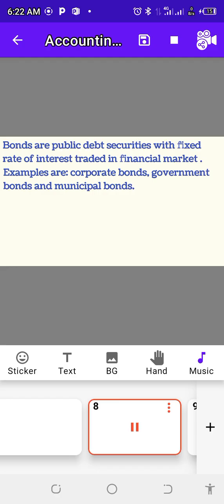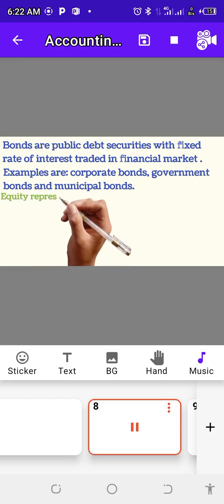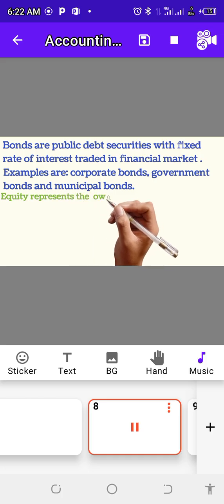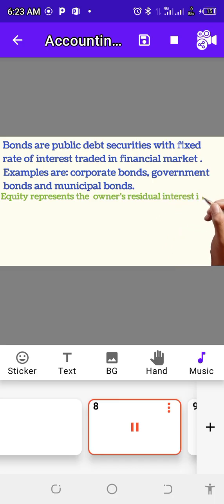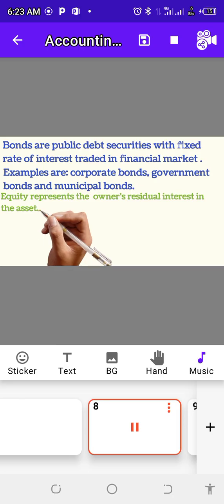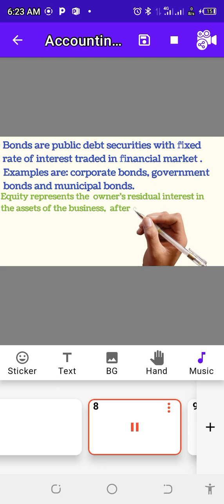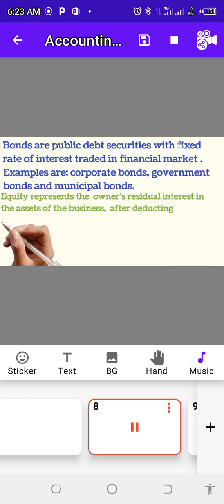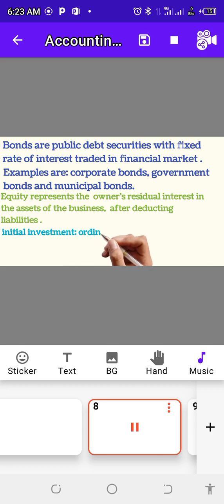Equity. Equity represents the owner's residual interest in the assets of a business or a company after deducting all the liabilities. Initial investments are ordinary shares, at times called common stock, and preference shares, at times called preference stock.